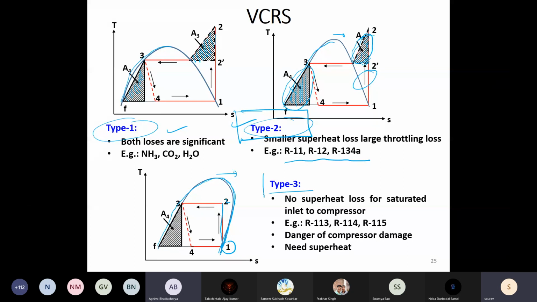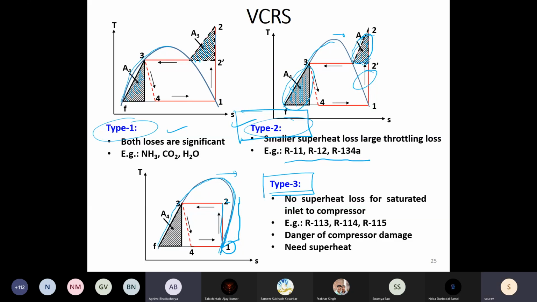Type 3, of course, we synthesized in lab, we were able to classify that, but it has very limited practical use, because you will have to give some superheat at the suction of the compressor. So you have to ensure that the suction to the compressor has that much superheat, so that even after isentropic compression, we do not end up in the two-phase region.